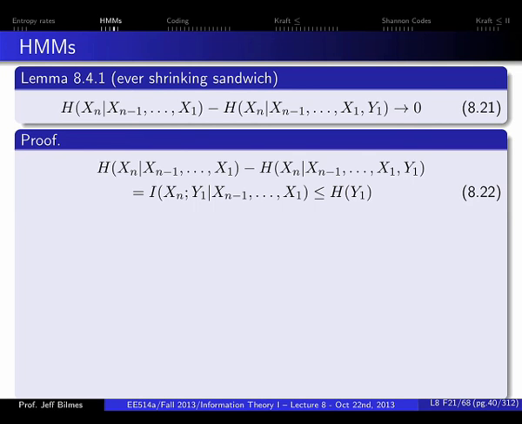And the way to do that is to look at the difference. And immediately you can see that the difference corresponds to the definition of mutual information. So it's the mutual information between xn and y1 given this history, because they all have the same history.